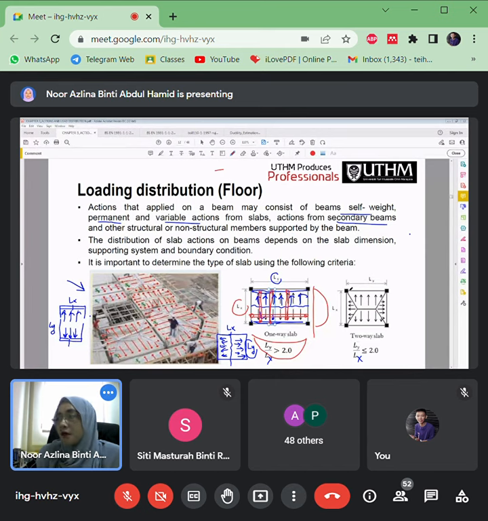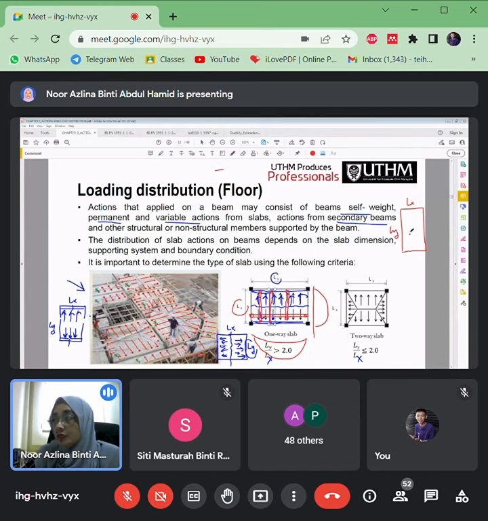You can try in your structure drawing. Once you have done the positions of the beams and the columns, you will have a boundary for each of the slabs there. So you can calculate Ly divided by Lx. Is it a one-way slab or a two-way slab?